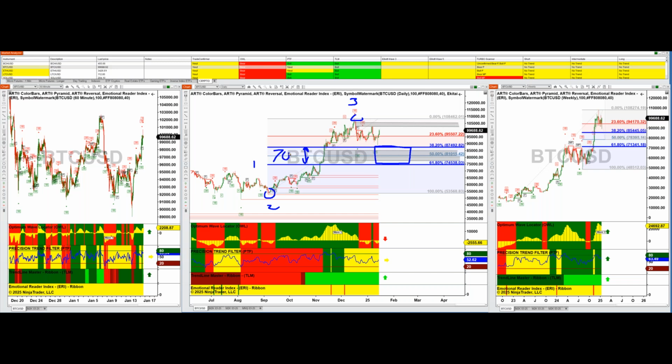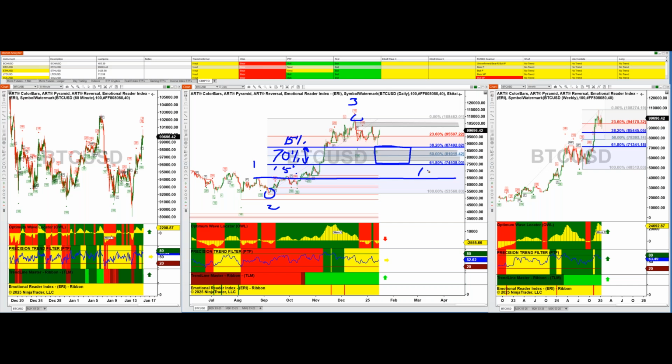And 70% of the time, it does. 15% of the time, sometimes it's shallow and does not get to that 70% area. And then 15% of the time, it's a little bit lower, but it usually does not go into the wave 1 area.